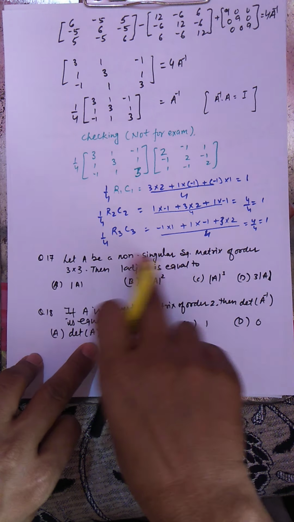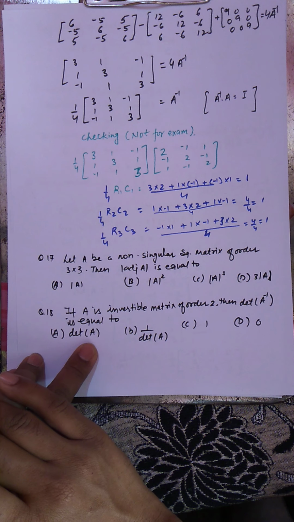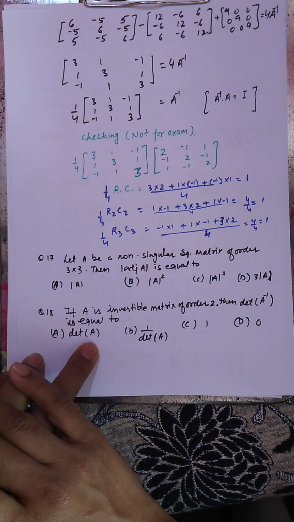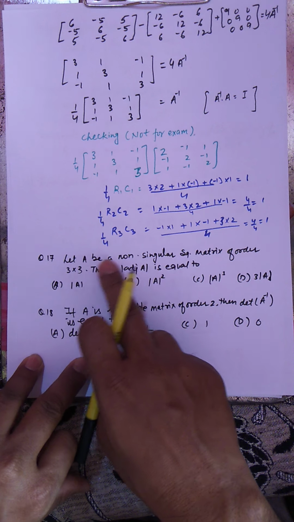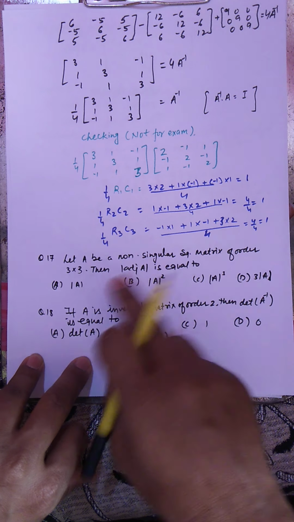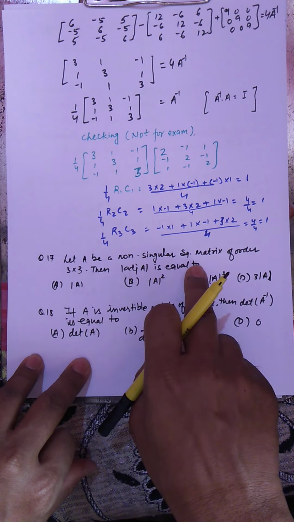Okay, now come to these two MCQs. Though I could have given them to you for homework, I felt I should discuss these questions now, because these are very, very important types. First one is, let A be a non-singular matrix of order 3 cross 3, then adjoint of A is equal to.